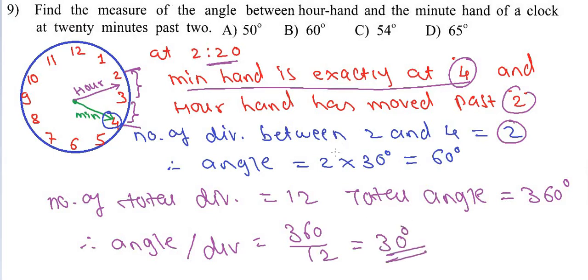Now we have calculated the angle between minute hand and hour hand on the basis of number of divisions, that is equal to 2 into 30 is equal to 60 degree. But the hour hand has moved towards the minute hand in those extra 20 minutes.